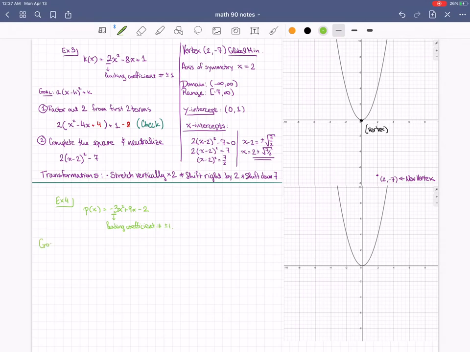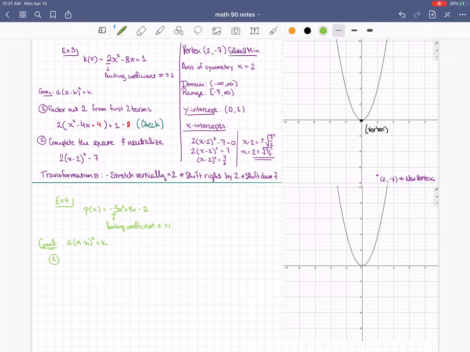Just like before, the goal is to end up with a form like this. That's called the vertex form. Some texts will even call it the standard form, but I prefer vertex form. So let's see what we have here.